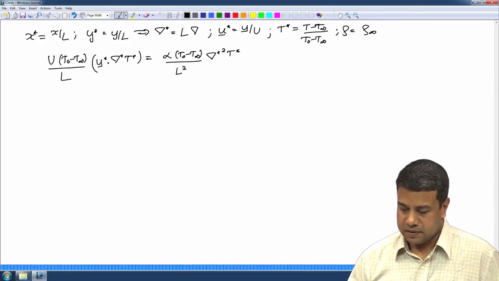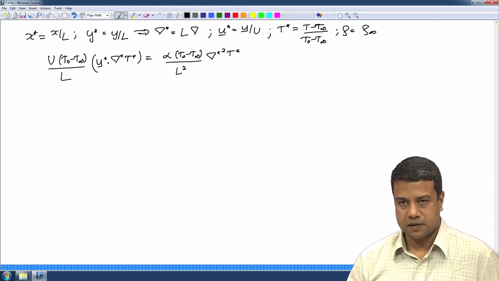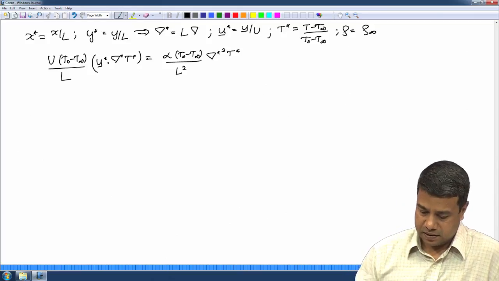So, that is the temperature, the energy balance equation.